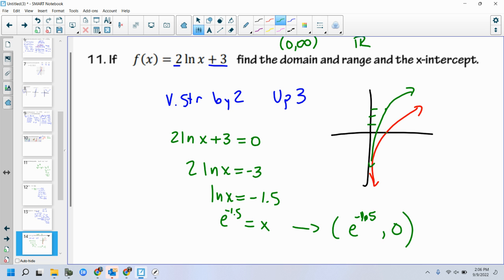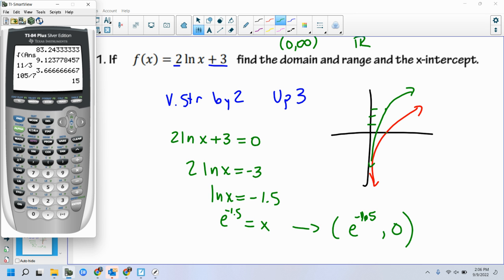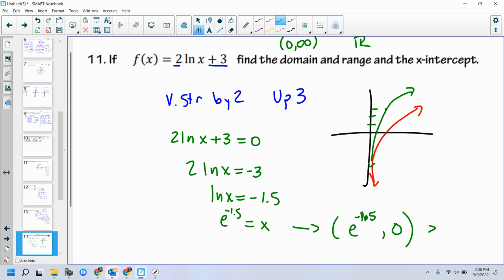But if I wanted to put it as a decimal, e to the negative 1.5 is 0.223, comma 0. Just going to double check. Yep, 0.2231 I had. Interestingly enough, I had the square root of e to the negative third. Oh, yeah, that's e to the negative 1.5.